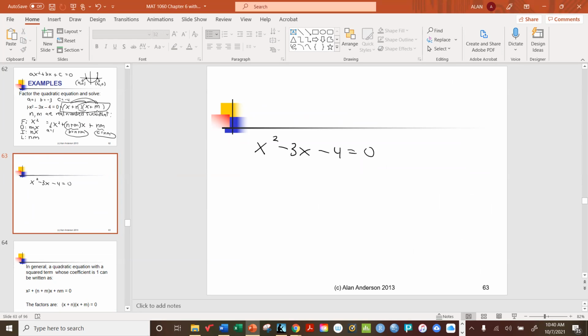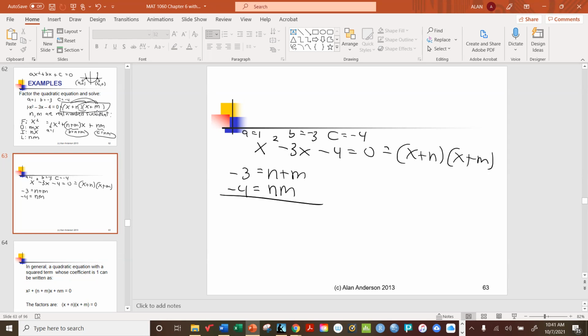And we know that a is 1, b is -3, c is -4. So b, or -3, equals n plus m, and -4 is the product n times m. So we have 2 equations and 2 unknowns.